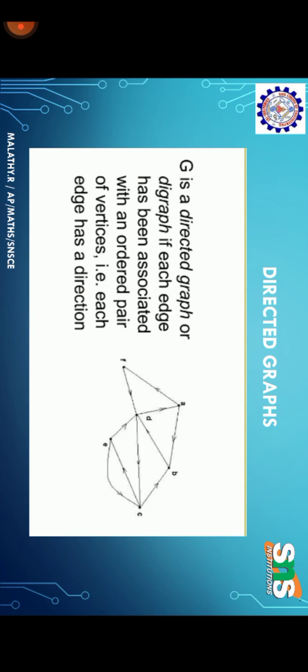So G is a directed graph or digraph if each edge has been associated with an ordered pair of vertices. Each edge has a direction. For example, from the graph we can say A to B, B to D, D to C, C to E, E to D. So we have some directions, and based on the direction only we can move around the graph.